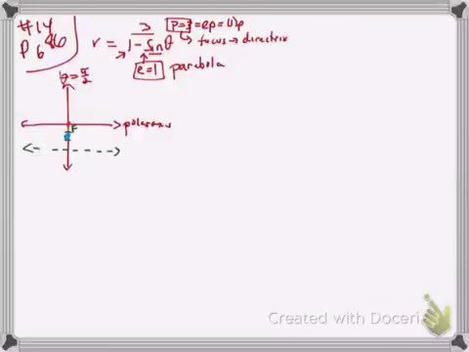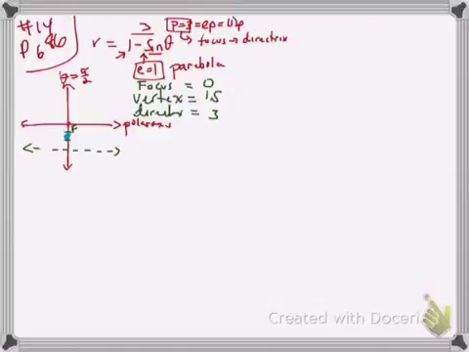The vertex is going to be halfway between the focus, which is at 0, and the directrix, which is at 3. So the vertex will have to be at 1.5.